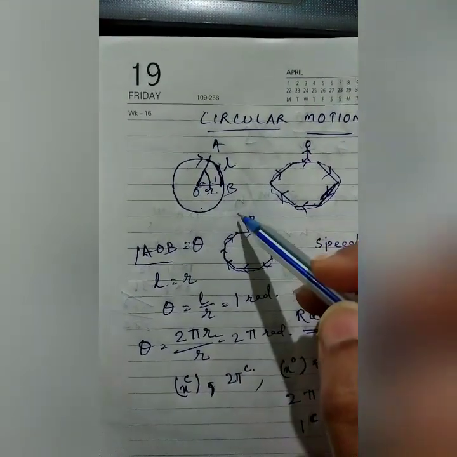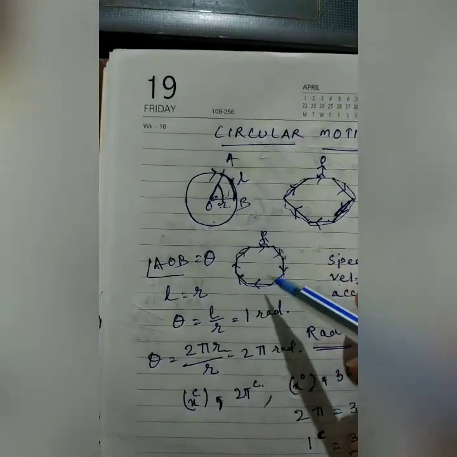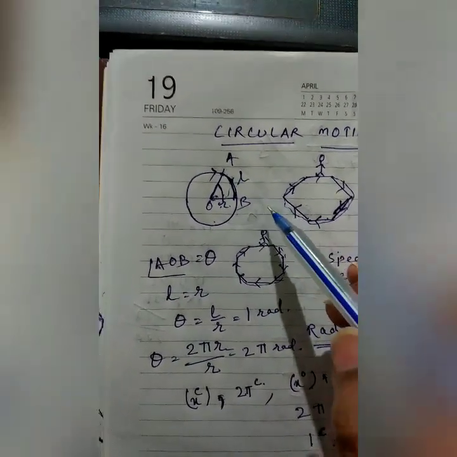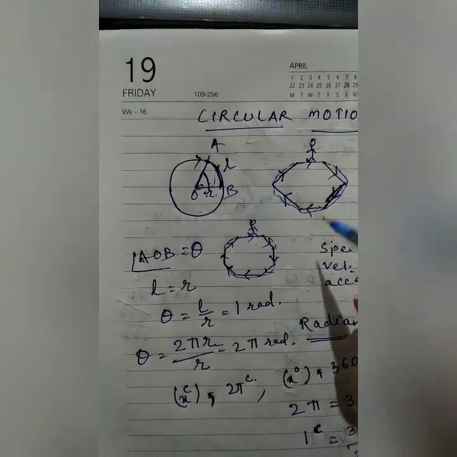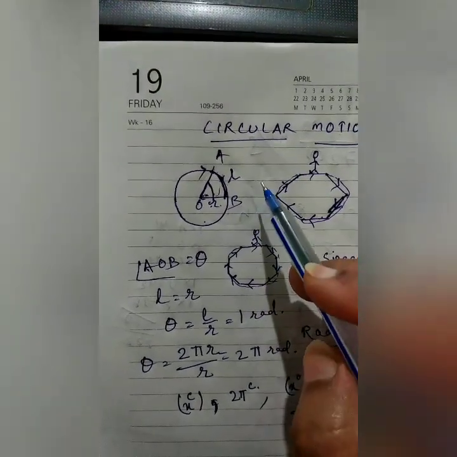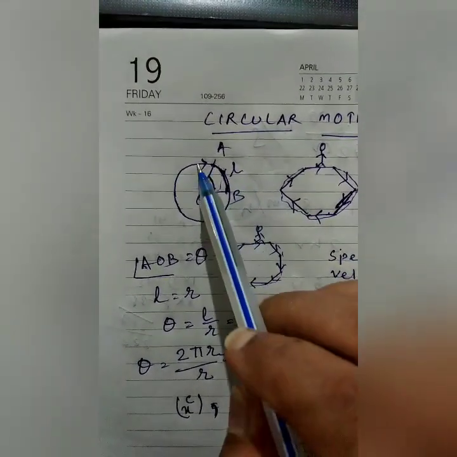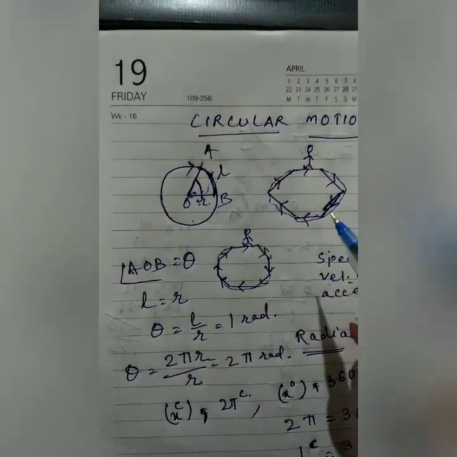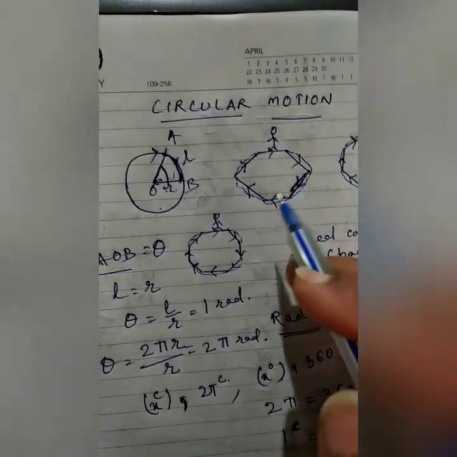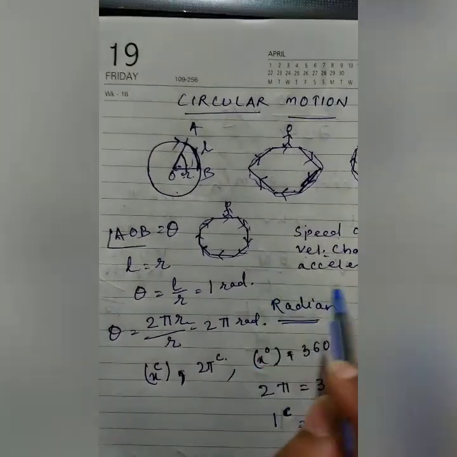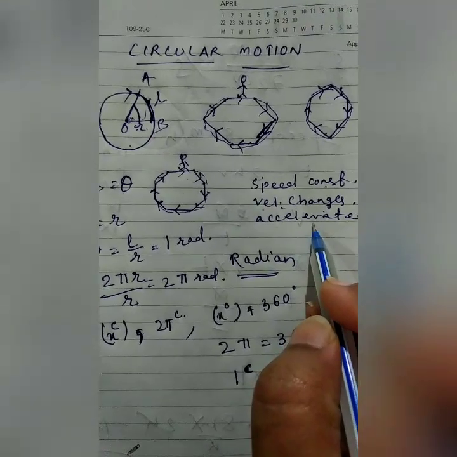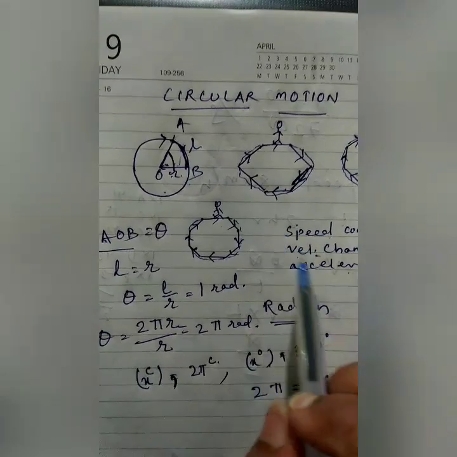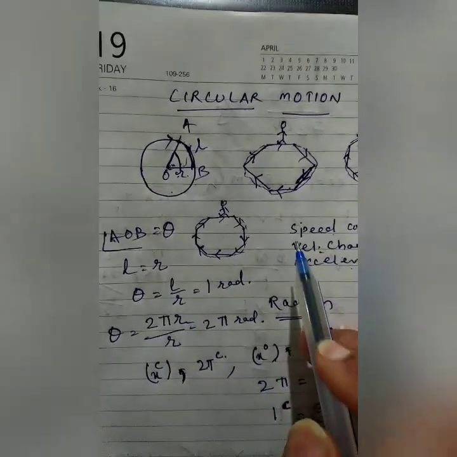Hence, circular motion is the motion of a body along the sides of a polygon of infinite number of sides with uniform speed. The direction changes continuously, which means the body moves with changing velocity in a circular path. Thus, uniform circular motion is an accelerated motion. Now we consider the difference between uniform linear motion and uniform circular motion.